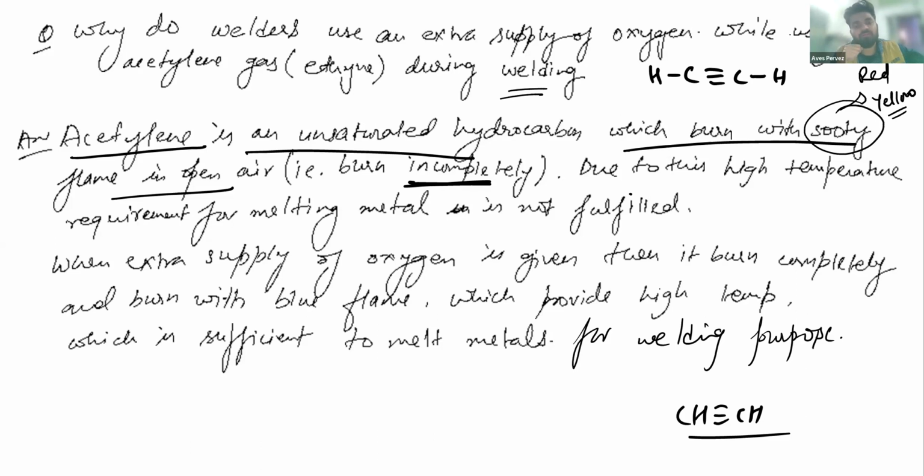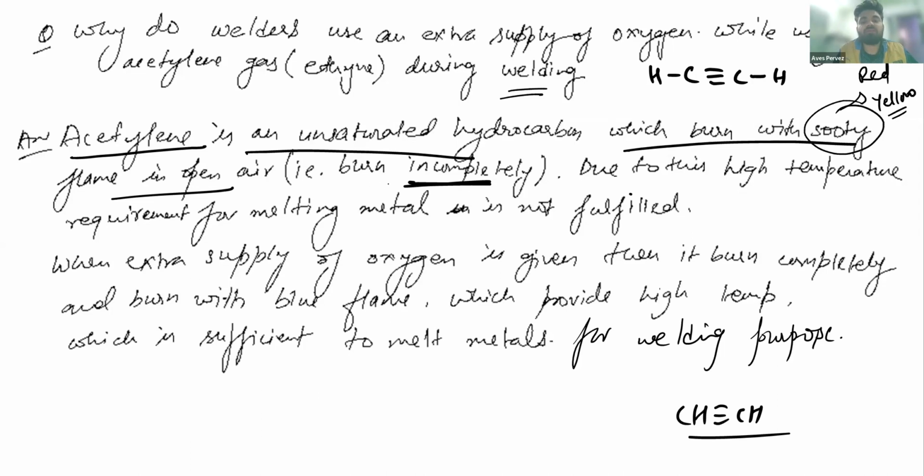Why does the blue color change into red-yellow? Just because there are unburned carbon particles present in the flame. When a blue flame is mixed with unburned carbon particles, it becomes red-yellow. Since an unsaturated hydrocarbon burned in open air does not burn completely, unburned carbon particles are present that make it a yellow or sooty flame. So you have to write: acetylene is an unsaturated hydrocarbon which burns with a sooty flame in open air.